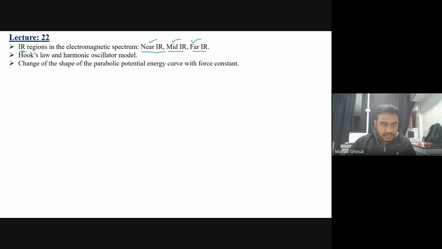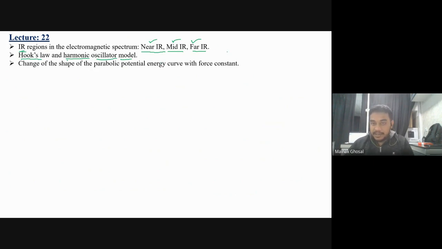And then there was the discussion on Hooke's law. You have learned this in physics also, and there is the simple harmonic oscillator model. Then there was the concept of the change in the shape of the parabolic potential energy curve with the force constant. What is the force constant?